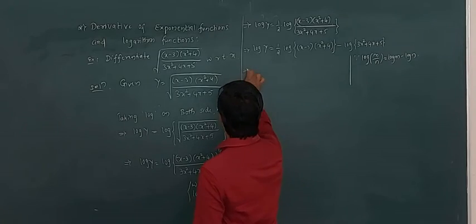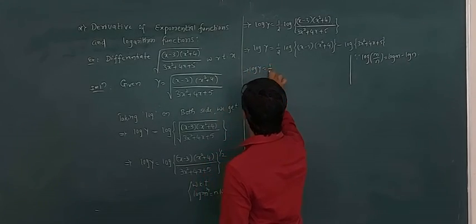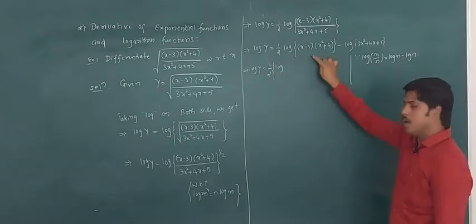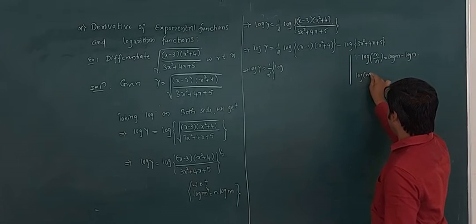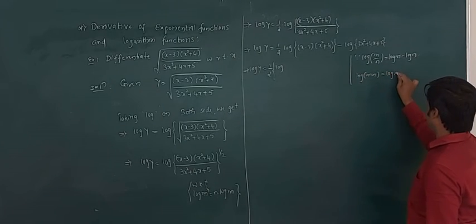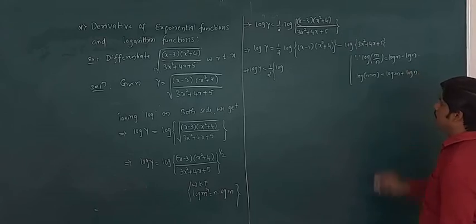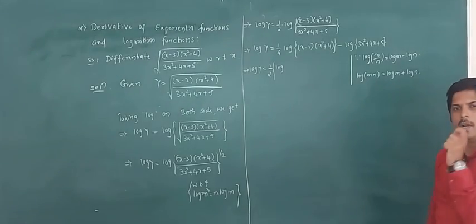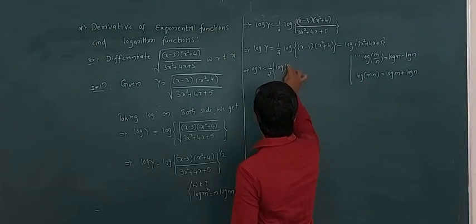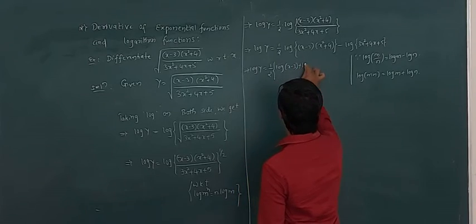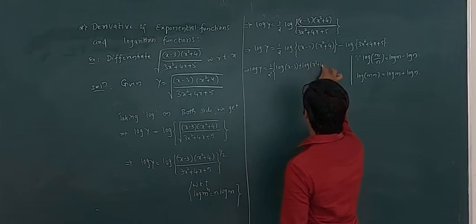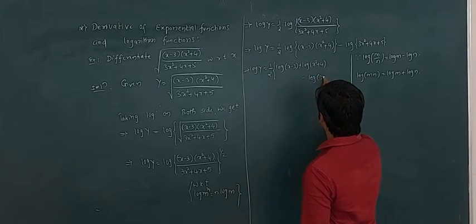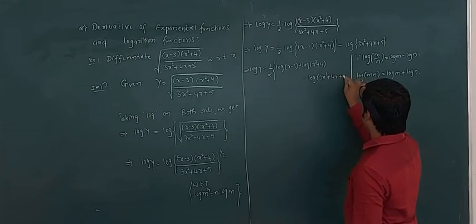So again log y is equal to 1 by 2. This is log mn, first property, that is log of m into n is equal to log m plus log n. So here is a product of two functions, x minus 3 is one function, the second function is x square plus 4. By using this formula we get log of (x minus 3) plus log of (x square plus 4) minus log of (3x square plus 4x plus 5).